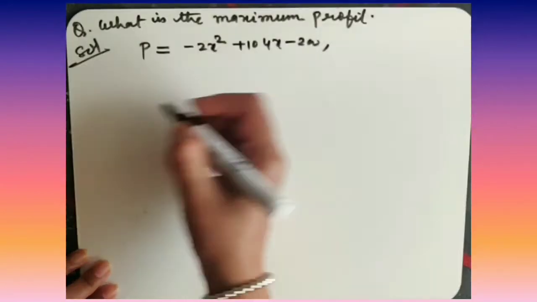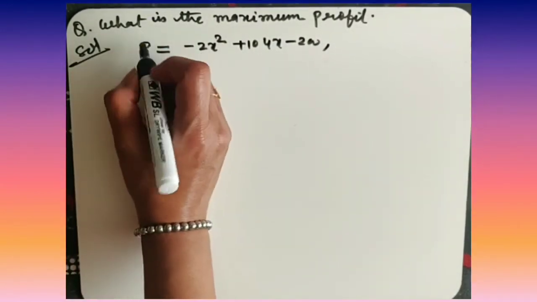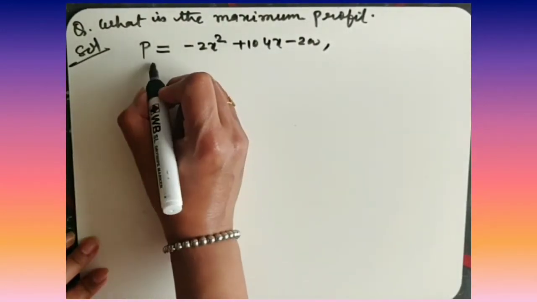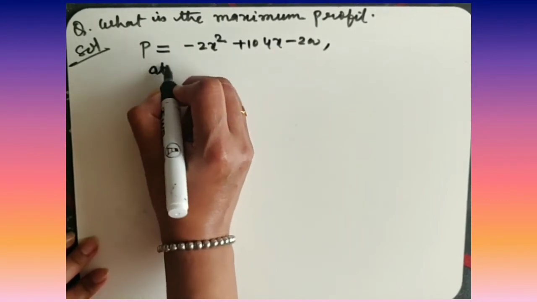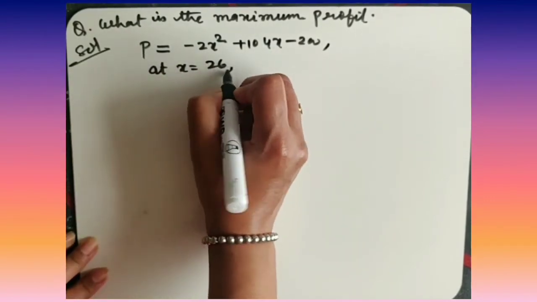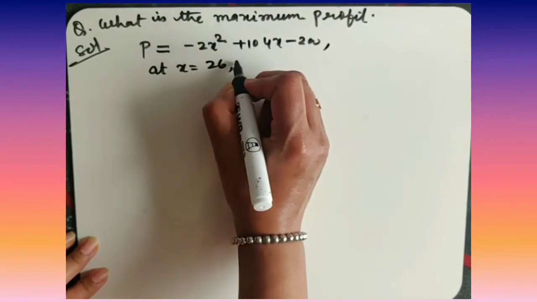In the previous question we found that at x equal to 26, our profit function will be maximized.